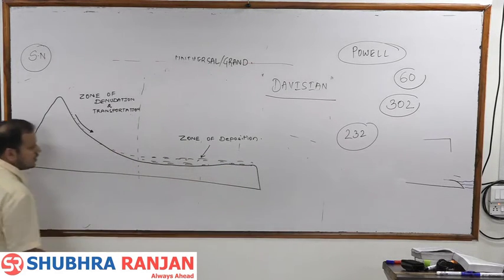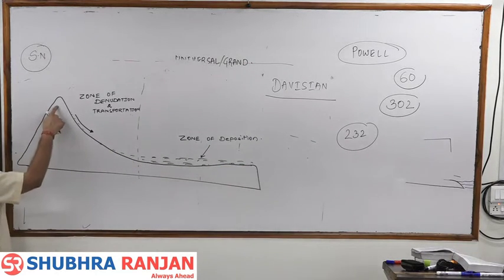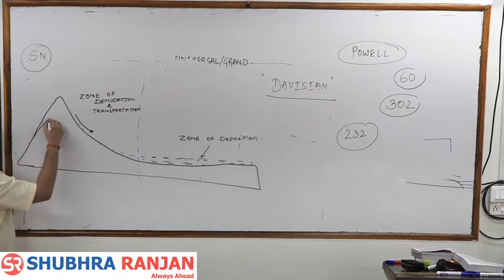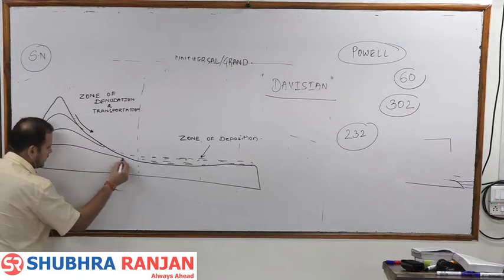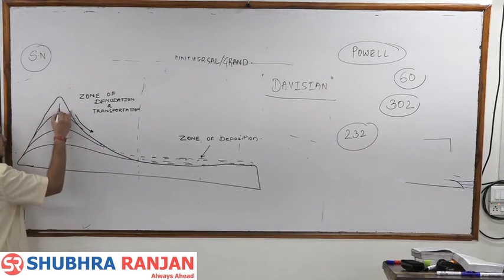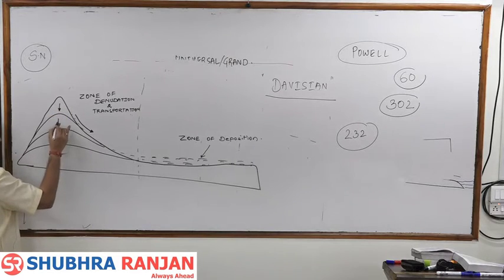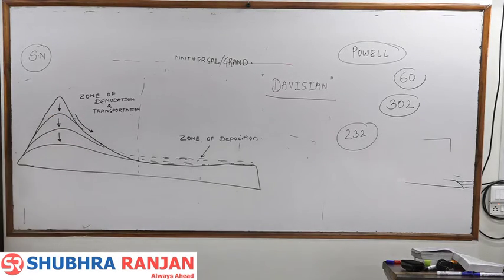But when these materials are being deposited here, what will happen to this? Iska height will decrease. Iska height will further decrease. Getting it? And now draw the diagram. And thus, क्या बन रहा है? A mountain has now become a peneplain, convexo concave.